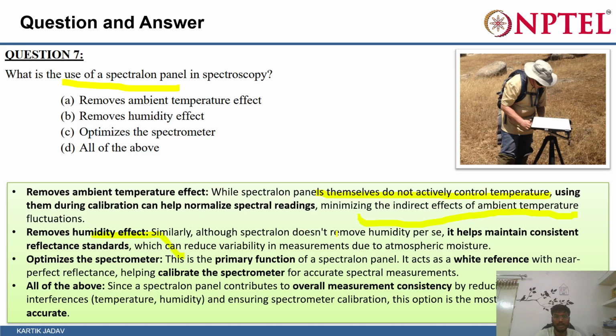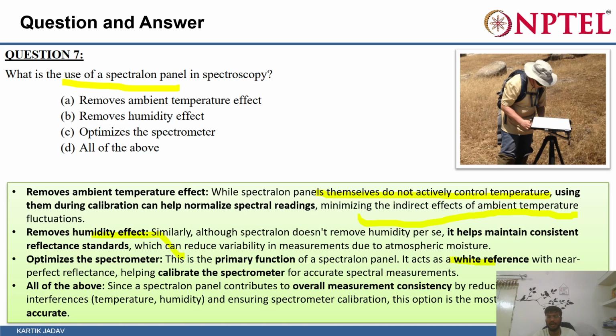Similarly, Spectralon doesn't remove humidity directly, it helps to maintain consistent reflectance standards, which can reduce variability in measurement due to atmospheric moisture. It also optimizes the spectrometer. So the primary function of a Spectralon panel is to optimize the spectrometer.